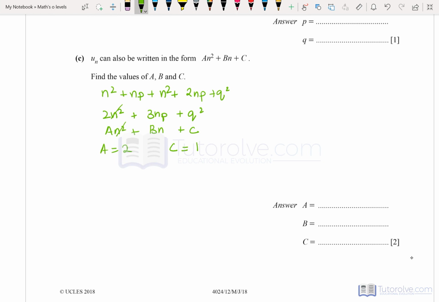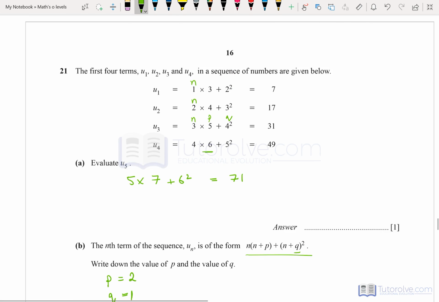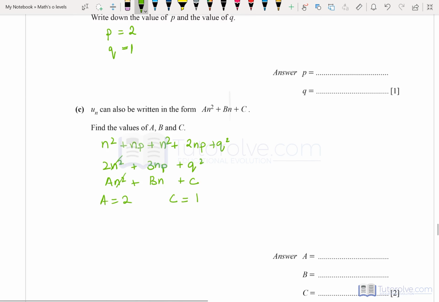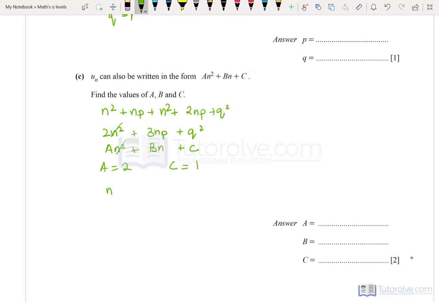Now we have the value of a and the value of c, so we can use any term number formula. If the first term gives an answer of 7, then n is 1, a is 2, and we have no idea what P is.